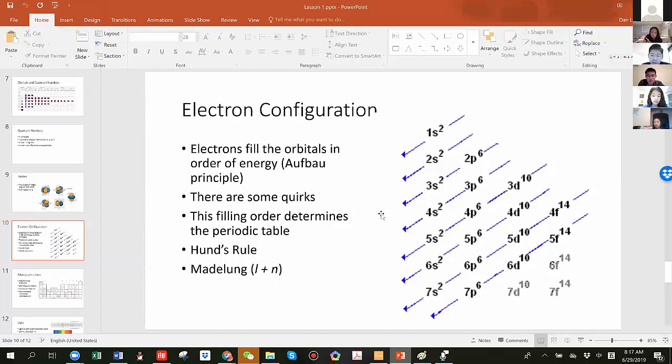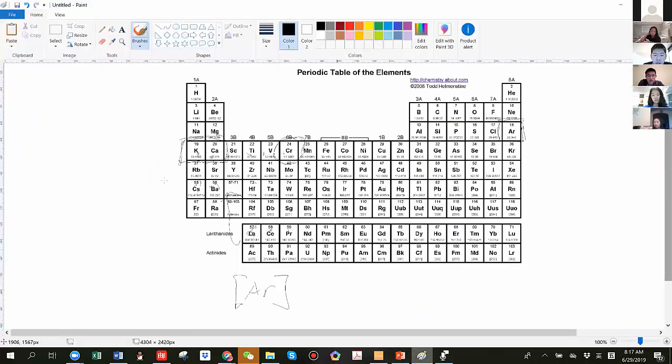Right, so we fill the 3d orbitals. So first we put 2 electrons in the 4s. Then we have 3d. Now we need to figure out how many d electrons there are. So 1, 2, 3, 4.